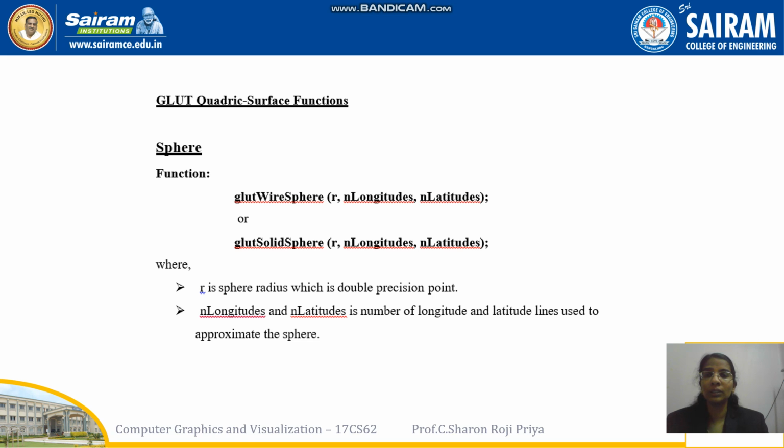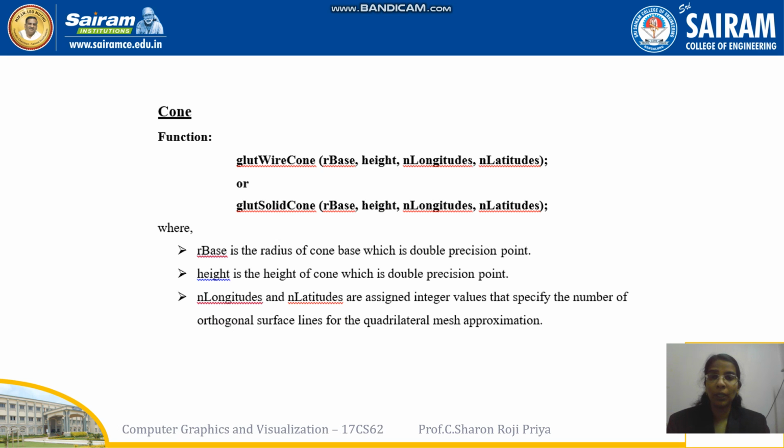So the first function is sphere. glutWireSphere will give the wireframe of my sphere, and glutSolidSphere will give you the solid sphere. The parameters are the radius, and n longitude and n latitude. These are integer values that give the number of latitude and longitudinal lines to approximate a sphere.